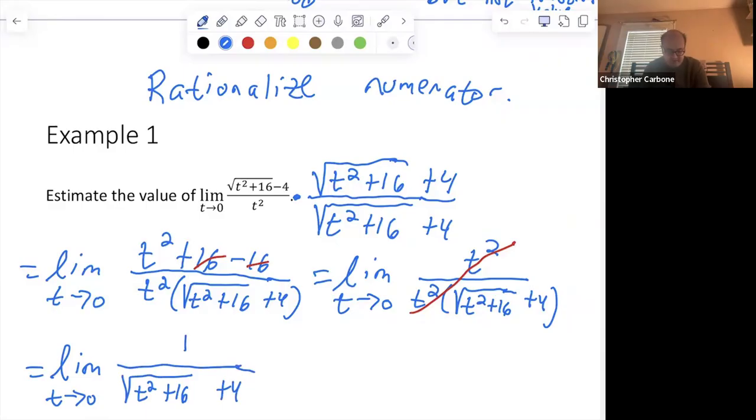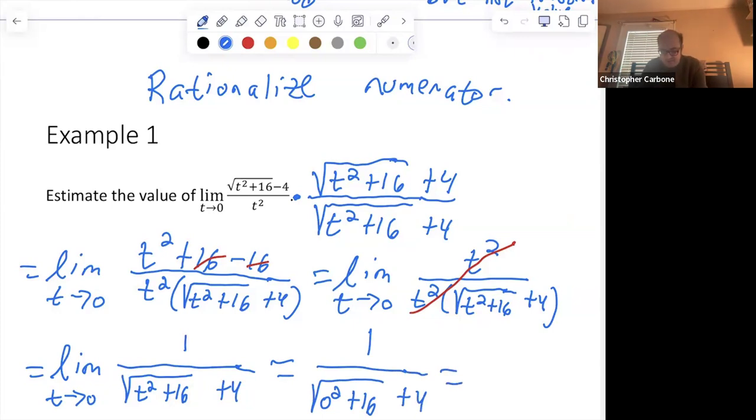And now here, we could stop, because unlike before, at the original portion of this, if we just tried to pop 0 into this particular equation, we would get 0 divided by 0, that indeterminate form, that's not good. But this new form here on the bottom that we just made, if we popped in 0, we no longer get 0 over 0. So popping in 0 here gives us 1 divided by the square root of 0 squared plus 16 plus 4.